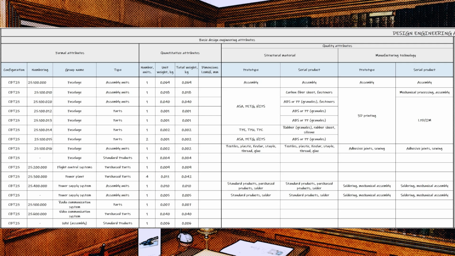If in this case we were not dealing with BOM at the stage of pre-project and project design engineering documentation, but with BOM at the stage of serial engineering documentation, these positions would be detailed and presented in the form of an actual list of fasteners.